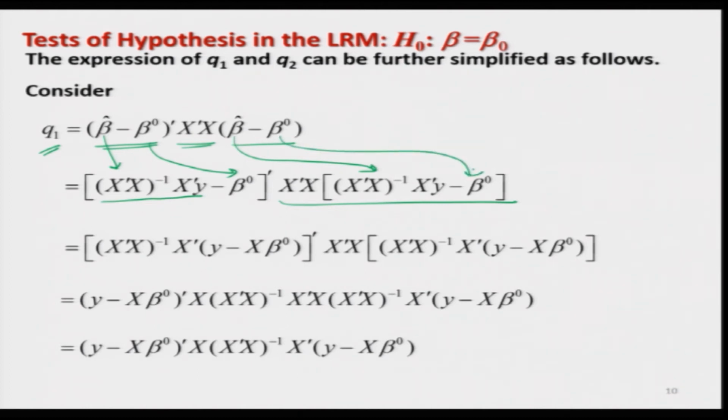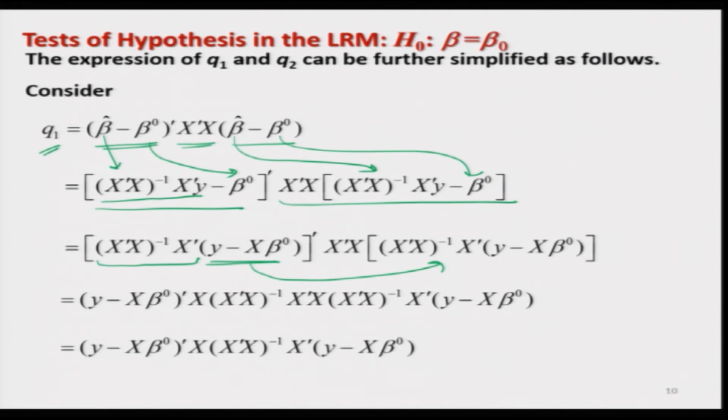Now, if you take common from this expression x transpose x whole inverse x transpose, then this can be written as y minus x beta naught, and I do the same operation here also. Now, after that you simply simplify it.